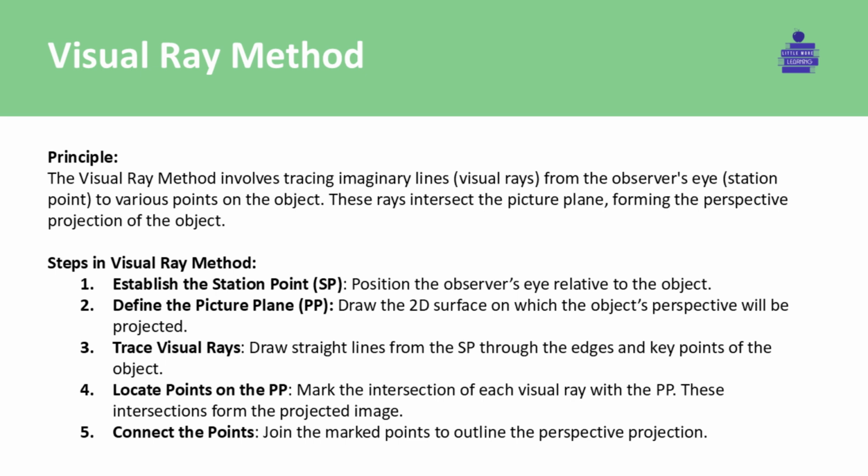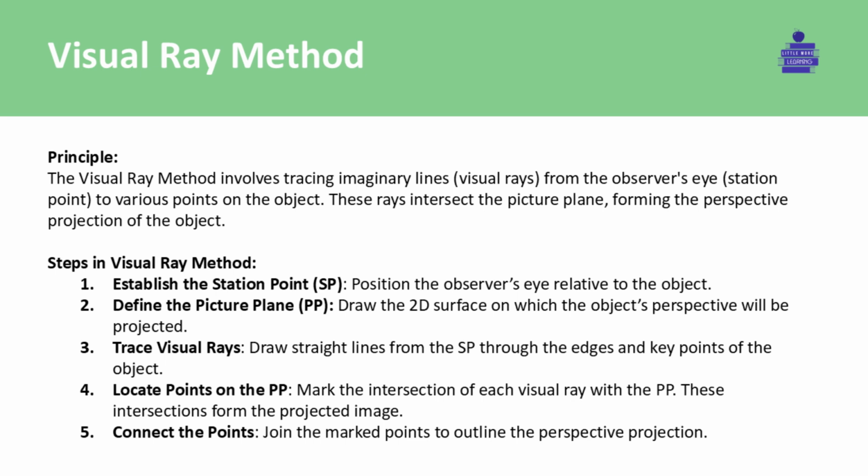Next, we trace visual rays from our station point through all the important points on our object: corners, edges, and any other significant features. Where each of these rays intersects with our picture plane, we make a mark. These intersection points will eventually connect to form our perspective drawing.